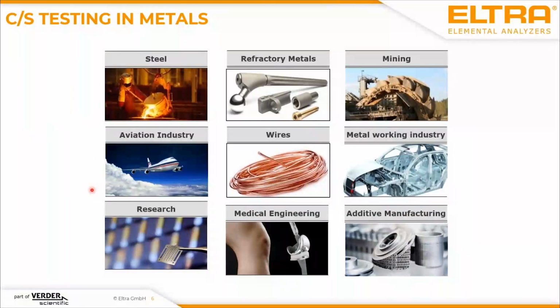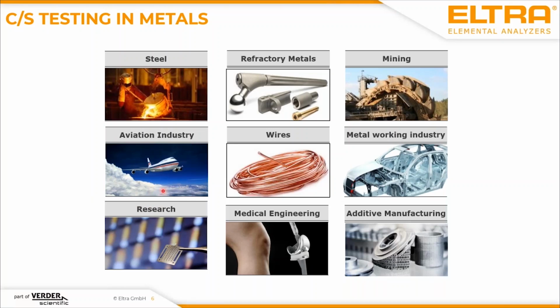Okay, CS testing in metals has many facets. It is used for quality control in steel, also together with the production of steel and to test starting materials. It is used in refractory metals like titanium. For mining, CS analysis is very important to see the quality of the ores and the products.